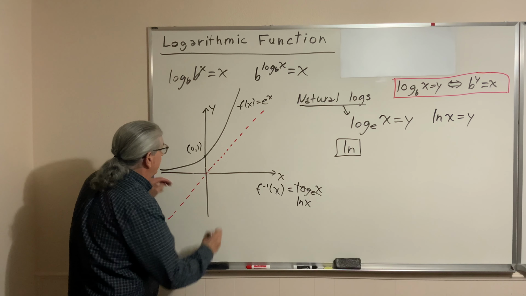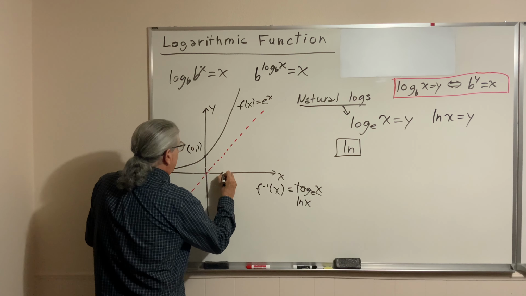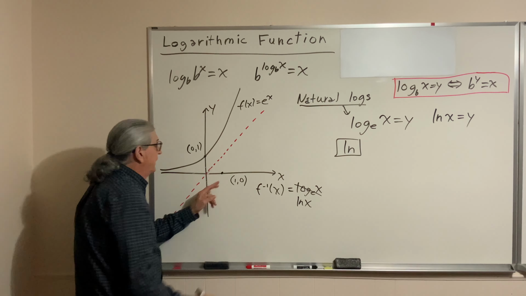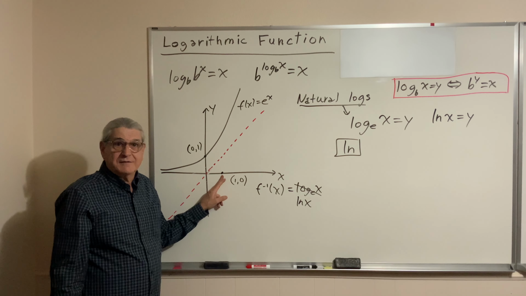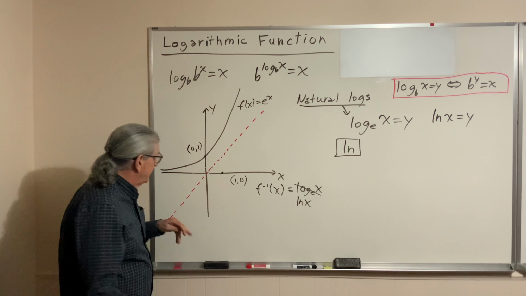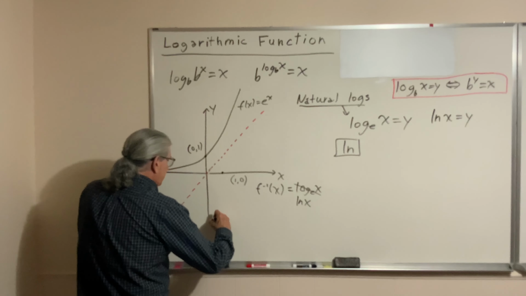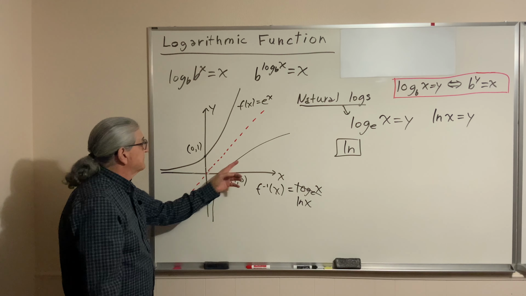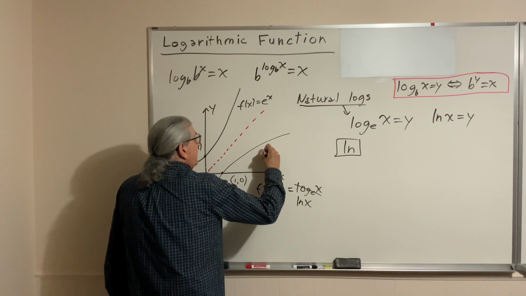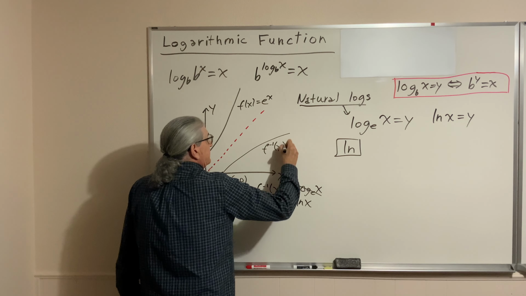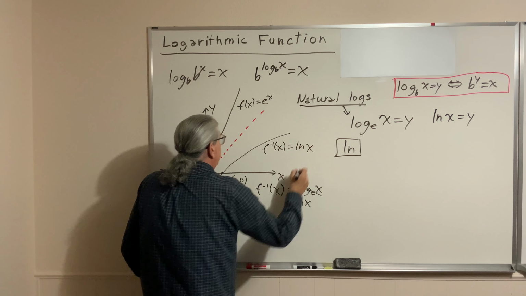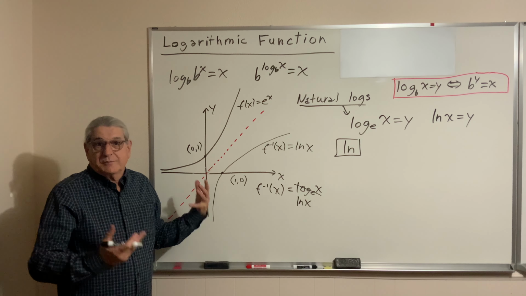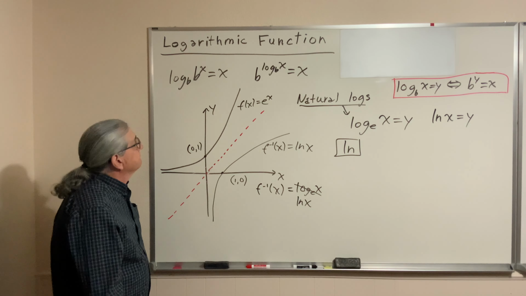So this should be the mirror image. That means over here, we're going to have the point 1, 0. When x is 1, y is 0. We're on the x-intercept. And this will look something like this. So this is f inverse of x equals the ln of x. It's the mirror image of this one, of course, because they're inverse functions.